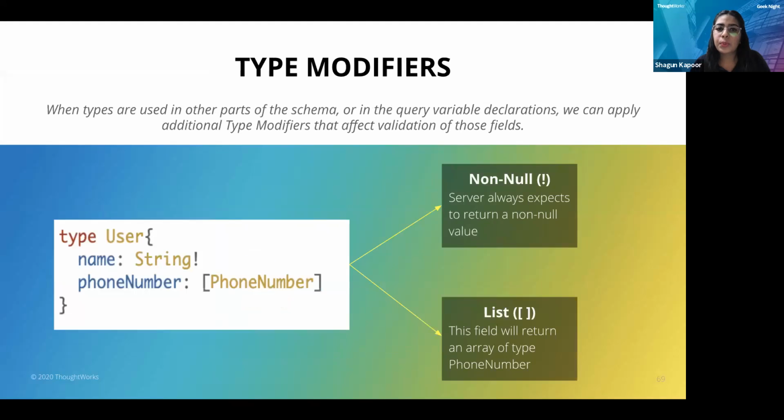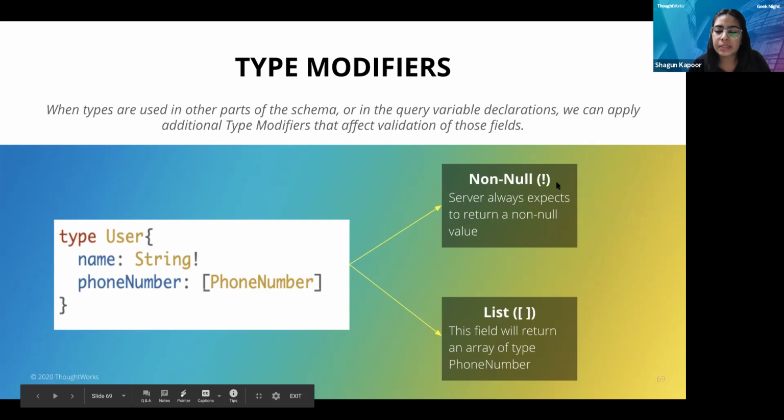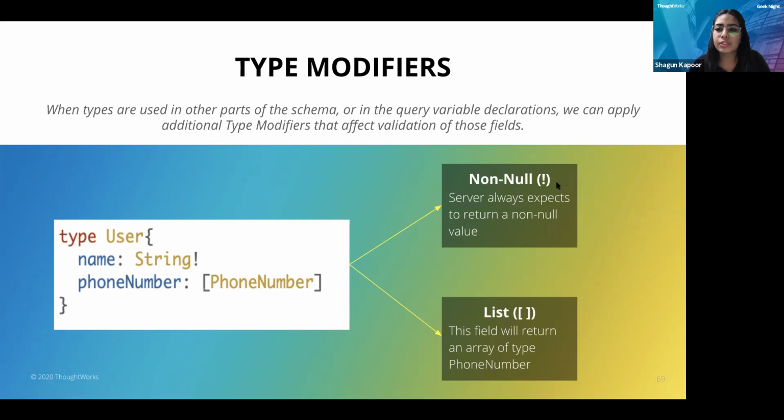Apart from this, we also have some type modifiers in GraphQL. These include the non-null and list modifiers. The non-null modifier is represented by an exclamation mark, and it doesn't allow the server to send a null value.